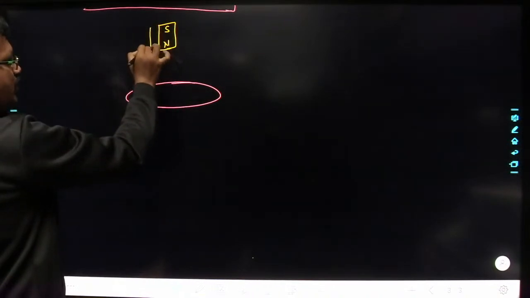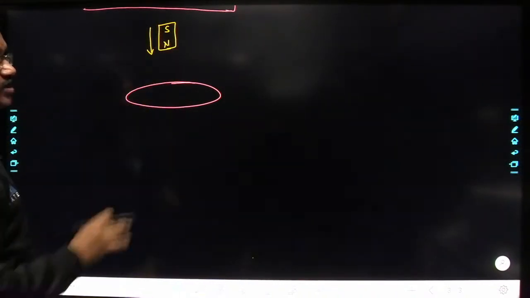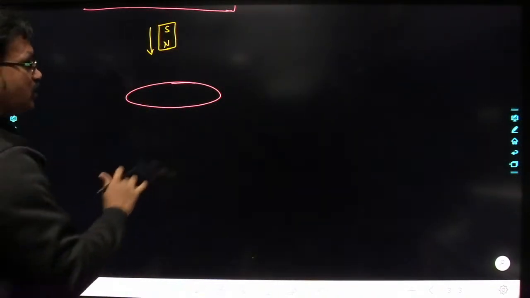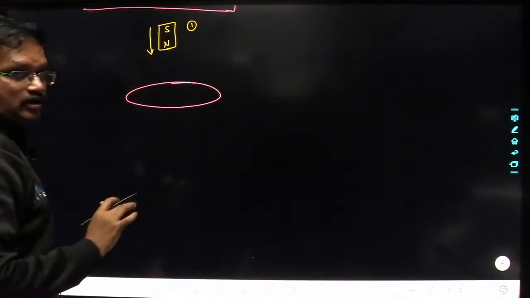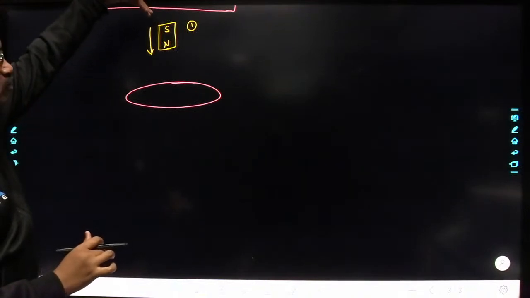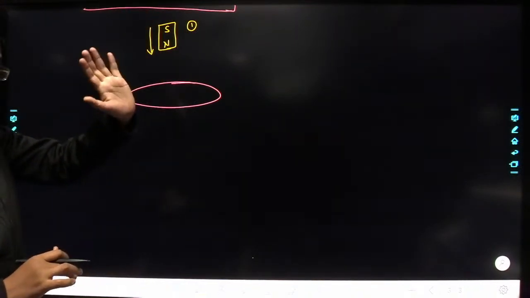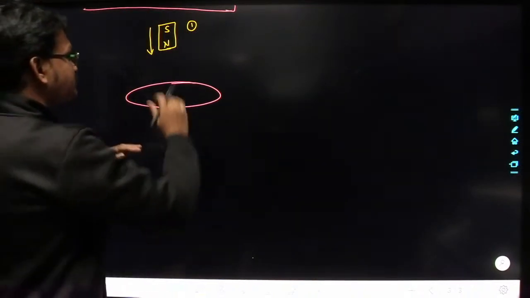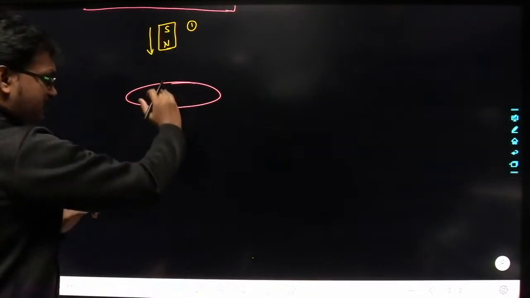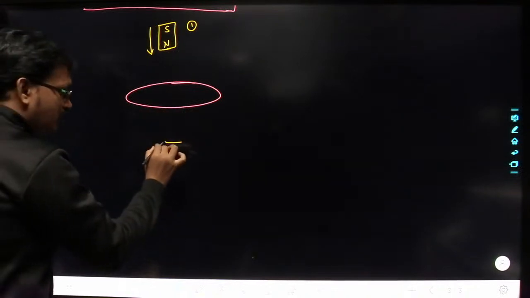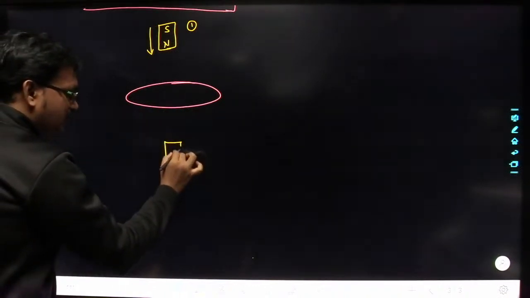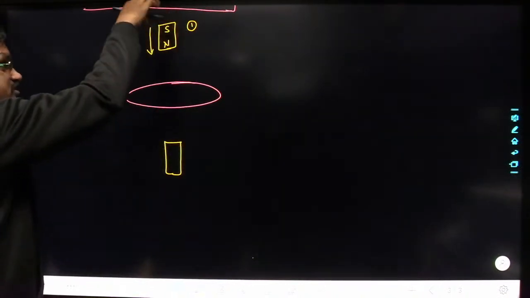So it is moving towards what? Towards the loop. Okay. So let us consider this is position 1. So it is moving towards the loop. Right. Next, it has crossed the loop here. Now whenever it crosses the loop, it is moving downwards.